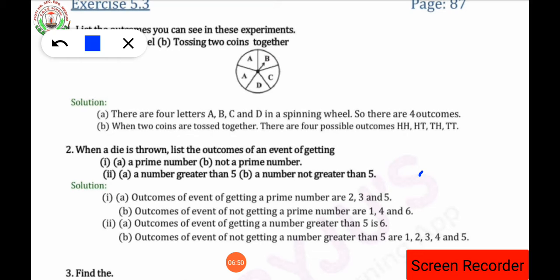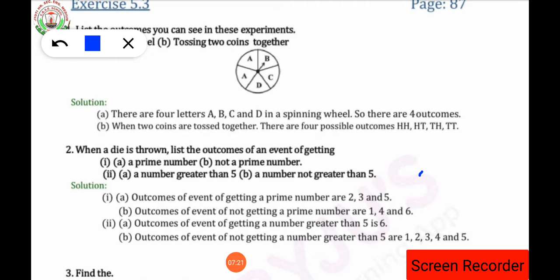So before dealing with the solution, what do you mean by a prime number? So dear student, what do you mean by a prime number? Prime numbers are such numbers which come in their own table and in the table of 1. For example, 2, 3, 5, 7, 13.